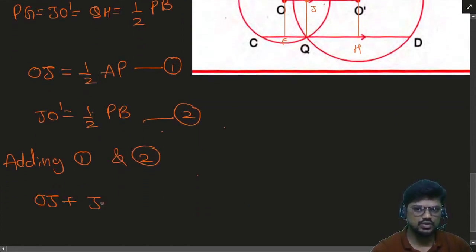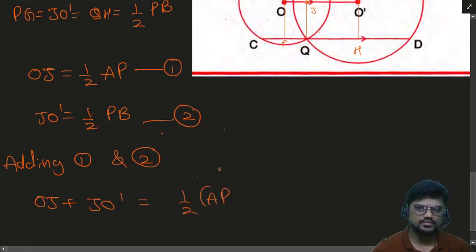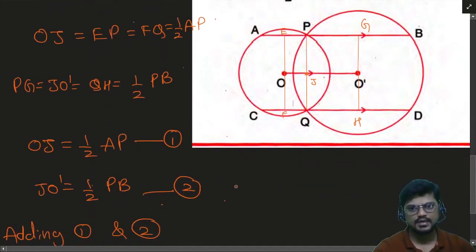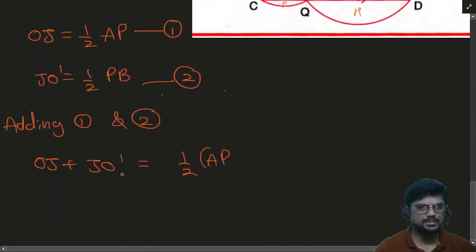OJ plus JO dash equals... but how is OJ equal to half AP? OJ equals half of AP because EP is equal to AE. Okay, fine. Now OJ plus JO dash equals half of AP plus PB.